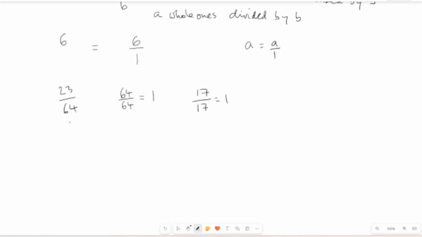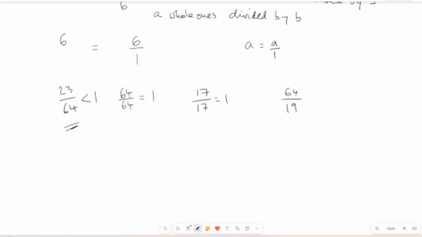23 divided by 64, this first one we looked at here, is going to give you an answer less than 1, because the whole cake has been divided into 64 pieces, and we've only taken 23 of them. But we can also have numbers on the top that are bigger than the number on the bottom. For example, we could have 64 over 19.